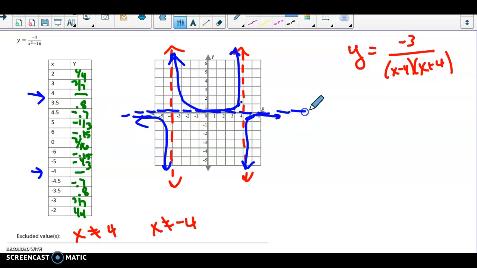Oh, and I didn't put the horizontal asymptote. I still have y equals 0 as a horizontal asymptote. I'm never going to actually hit 0 as my y coordinate. So this time we had two excluded values. When you have two excluded values, you have to look to the left of your asymptote, see what's happening in between your asymptotes, and see what's happening on the other side.